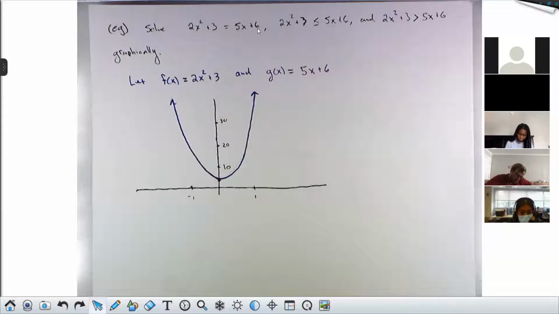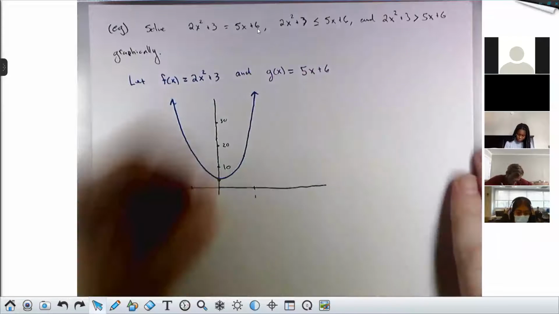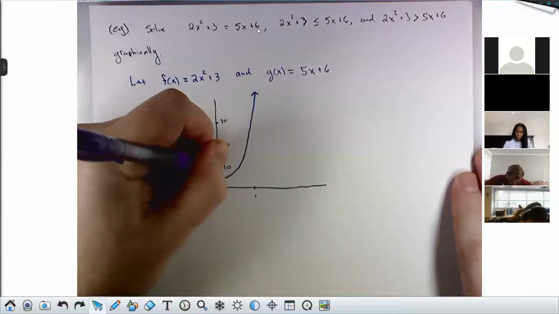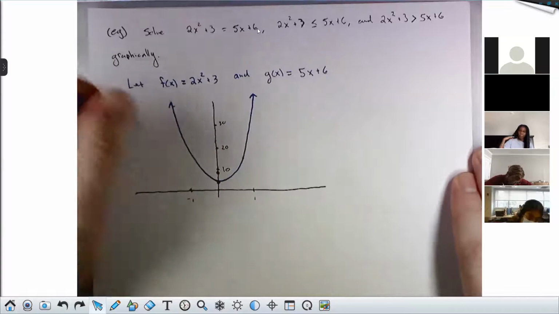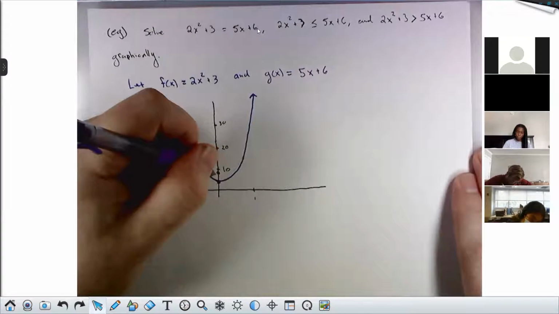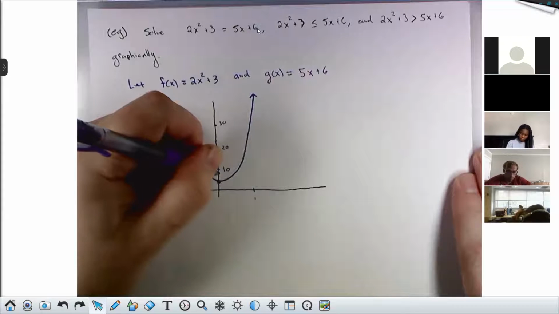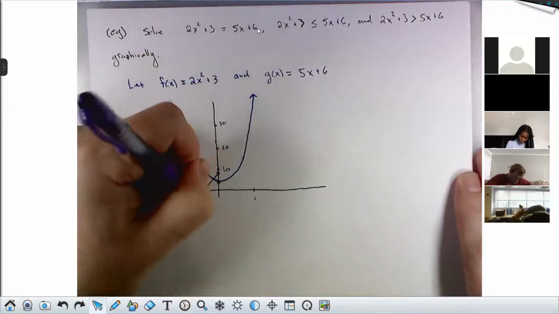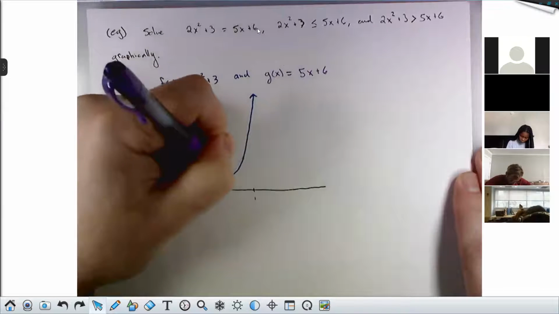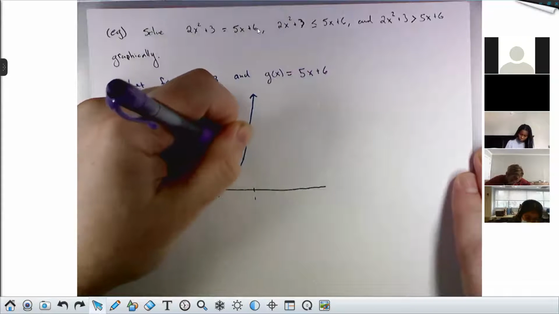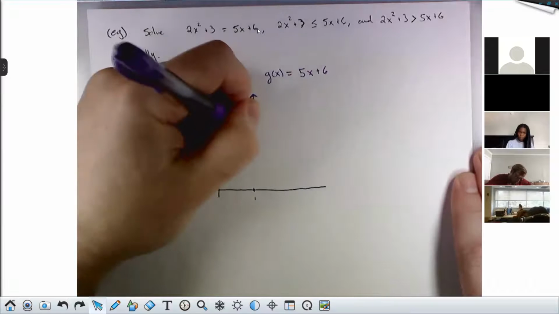And the linear function, g of x equals 5x plus 6, is a line with slope 5 and y-intercept (0, 6). Straight lines, nice and straight. It looks something like this.